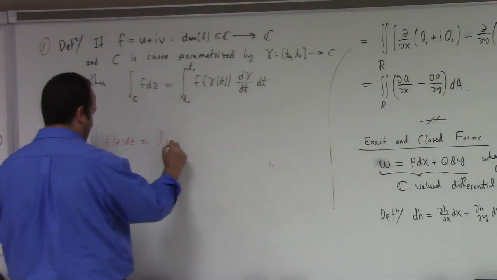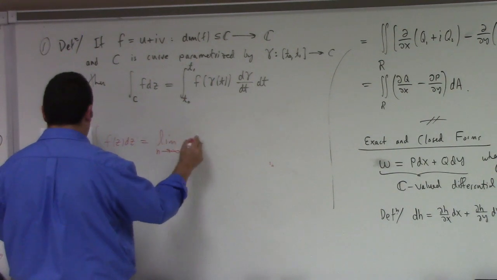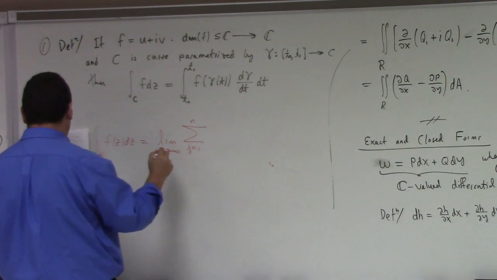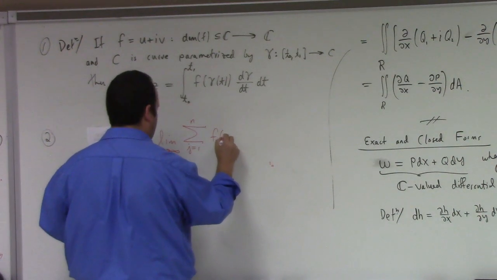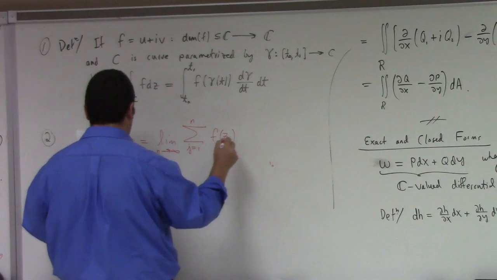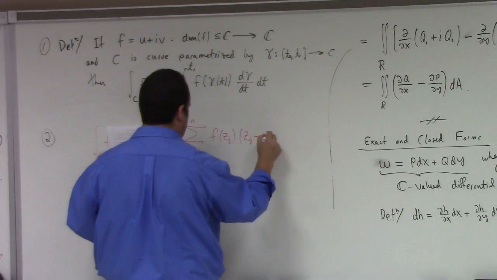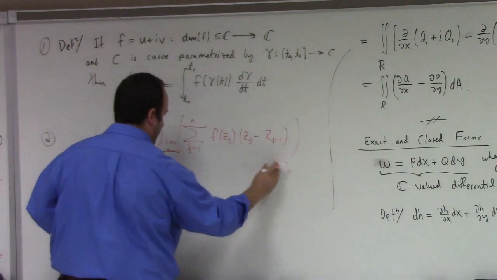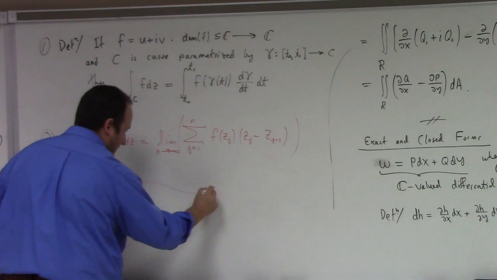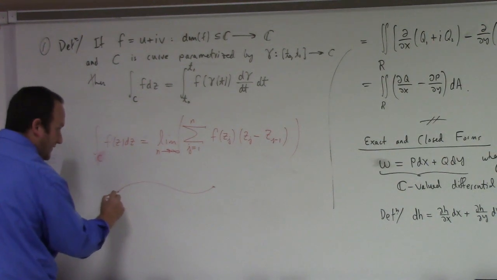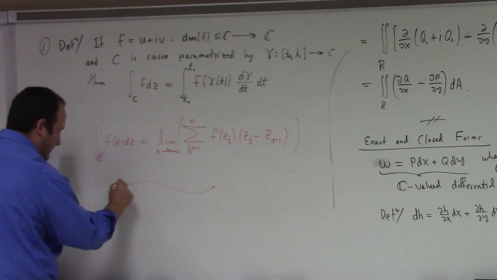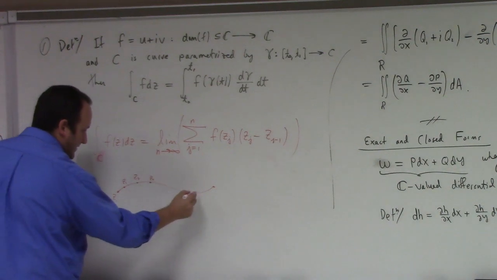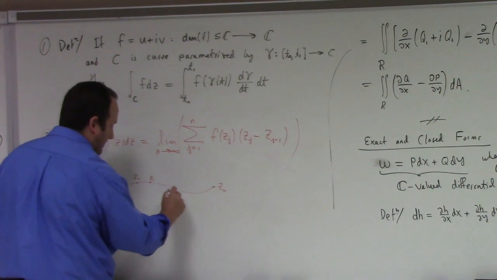It's the limit as n goes to infinity of the sum, j equals 1 to n, of f of z_j times z_j minus z_{j-1}. Let me explain what I mean by that. Here's my curve C, yeah? And so we've got z1, z2, z3, z4, zn.